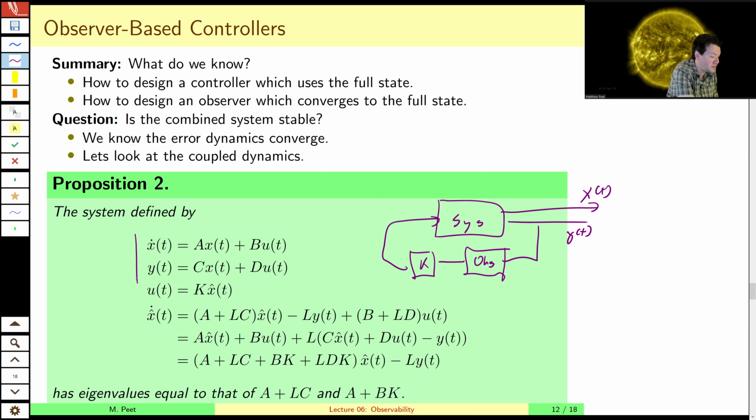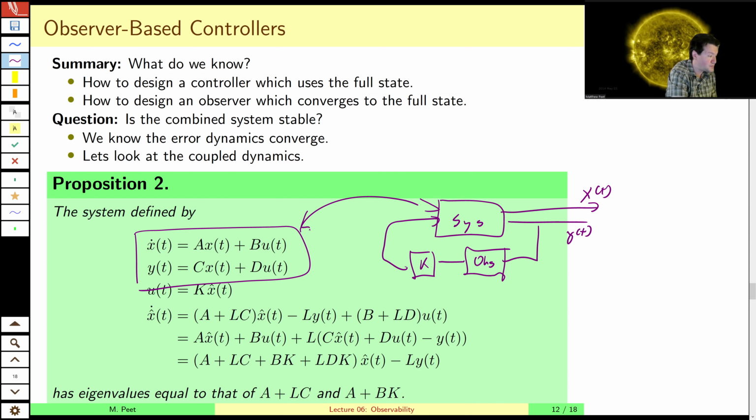So here's our system, this thing right here. Its U is given by a gain times the estimated state. The estimated state has a set of dynamics, given by what's inside the observer.